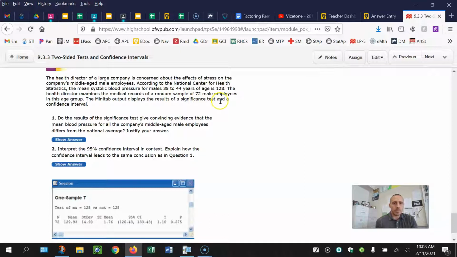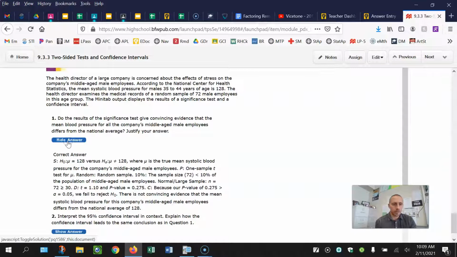So they take a random sample of 72 and they do a test and a confidence interval. Do the results of the test give convincing evidence that it differs? Well, the national average is 128. The test, if I look here at the p-value, this is greater than 0.05, so I'd fail to reject the null. We don't have convincing evidence of a difference. That's what's happening there.